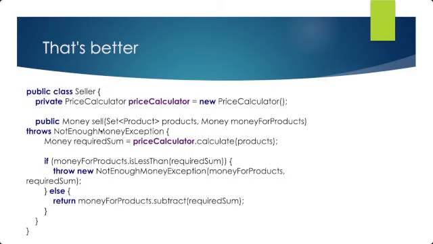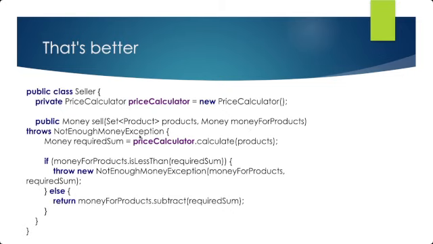Now we have the sell method, but we use money as a parameter, not wallet. And I think it's close to real life, because when we come to a store and want to buy something, we give our money to the seller, not the wallet. To give the wallet is very strange.